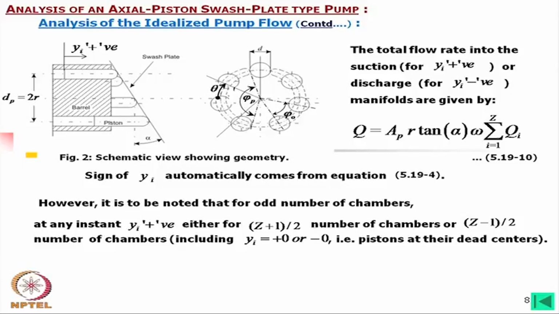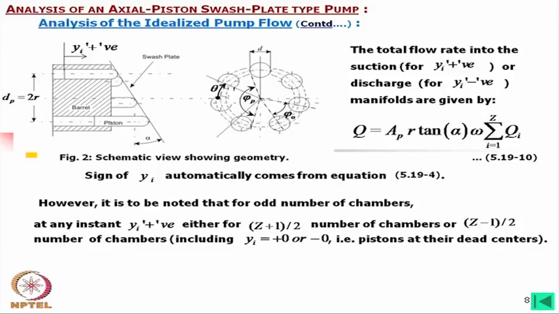What does it mean? At any instant, suppose one piston is in the dead zone, which is in between the two manifolds, still we may write that (Z plus 1) pistons are in suction and (Z minus 1) in compression, or the next moment it will be just the opposite. That again automatically comes from the equations, because the negative sign appears for the negative direction motions.